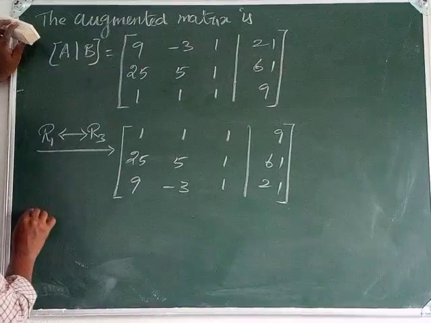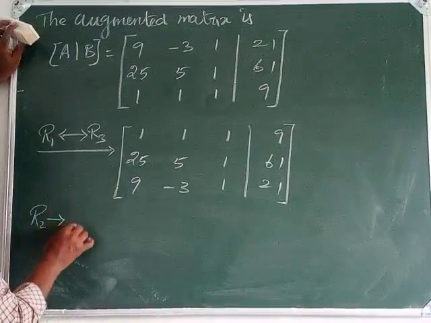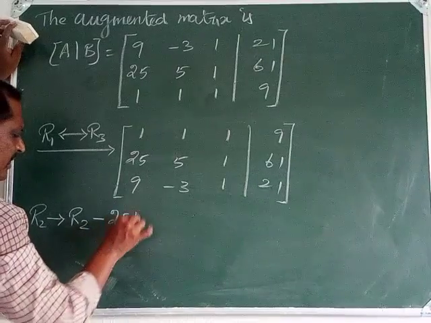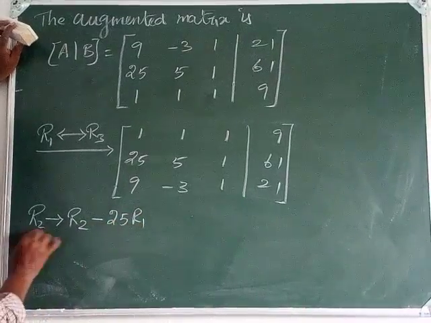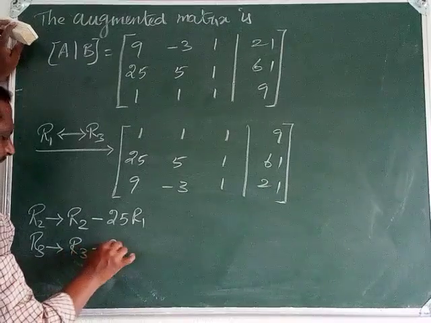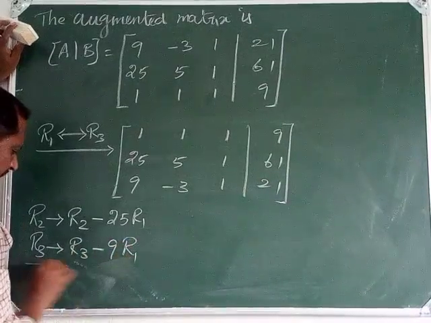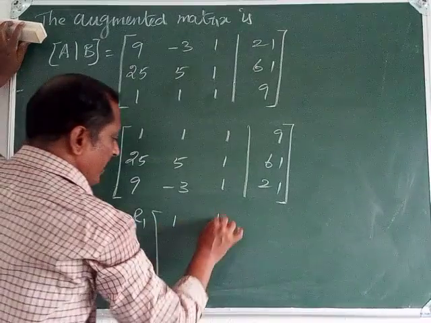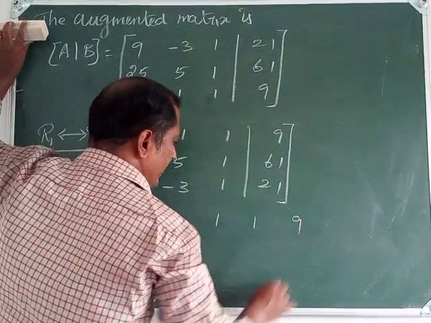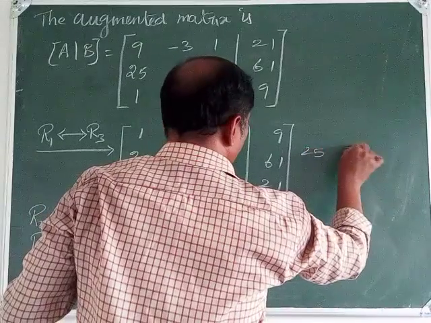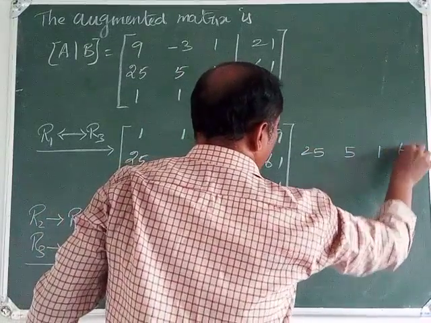So the second row operation: R2 minus 25 times R1, and the third row operation is R3 minus 9 times R1. This implies first row 1, 1, 1, 9. Second row 25, 5, 1, 61.